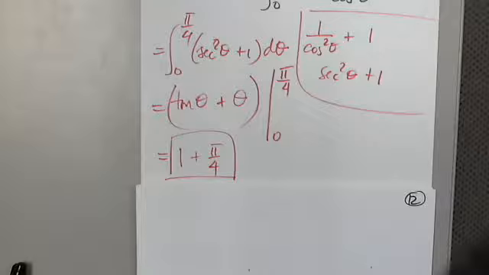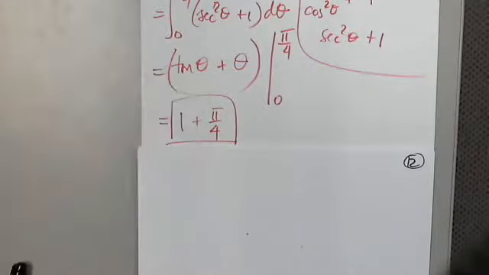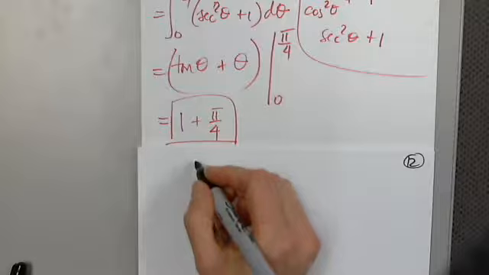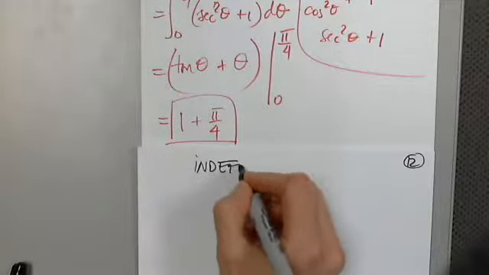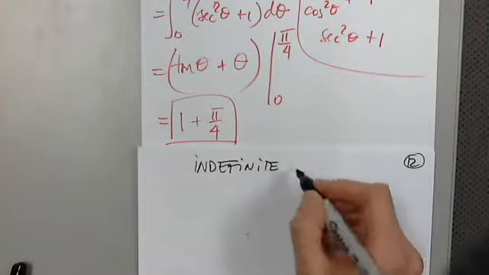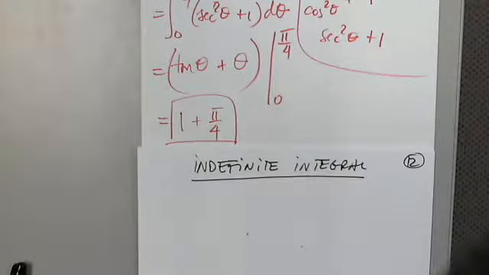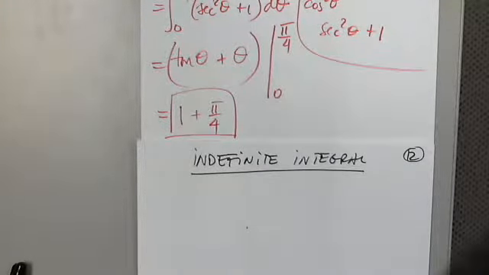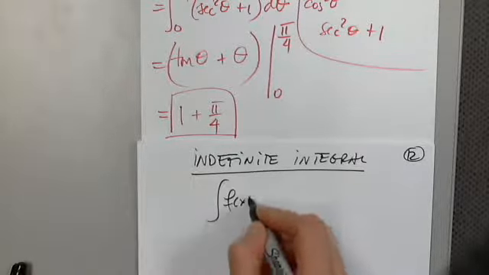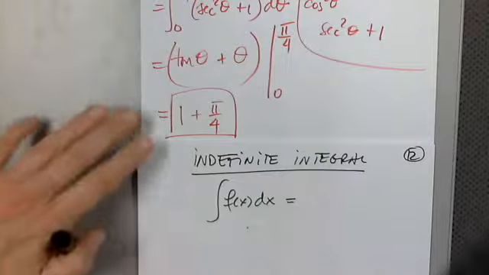There is none. Okay, there is a second type of integral, which is called indefinite. The indefinite integral does not have limits of integration. So the integral of f of x dx, what do you think the answer would be?